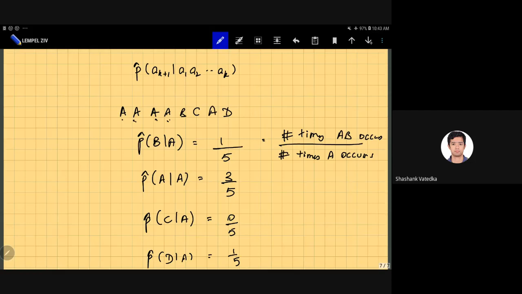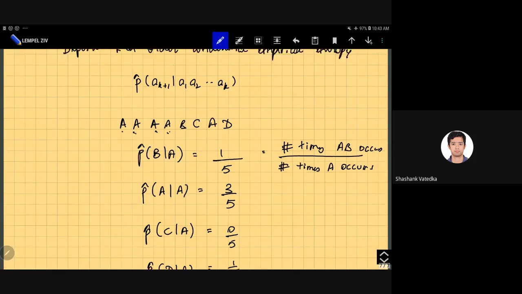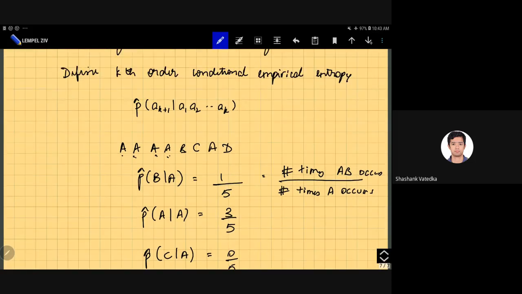So this is a valid conditional distribution. This is the first order conditional empirical distribution. Similarly, you can define the kth order conditional empirical distribution.